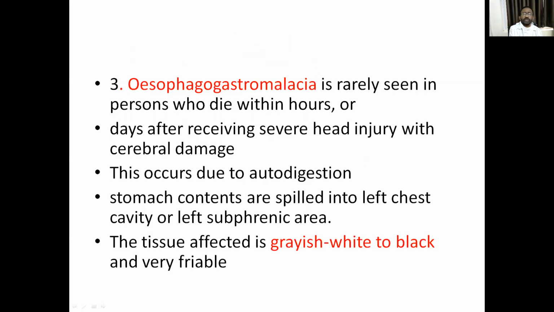And esophagogastromalacia is rarely seen. During some severe head injury, the autodigestion of the stomach occurs, and the gastric contents may spill into the inferior part of the chest and may enter the lung cavity or pleural cavity, and the surface may look grayish white or black. This also cannot be mistaken as a cause of death.